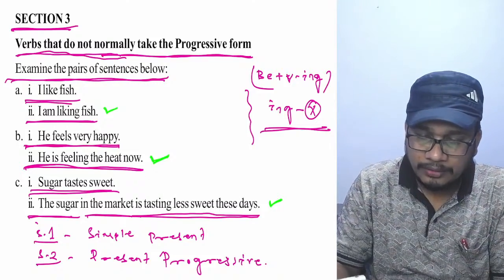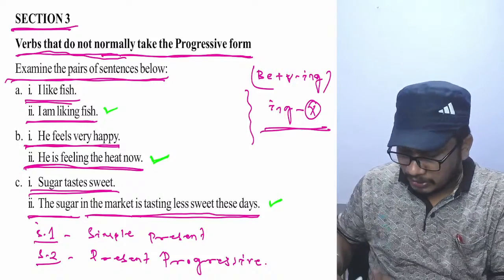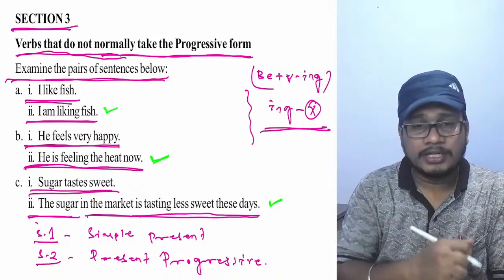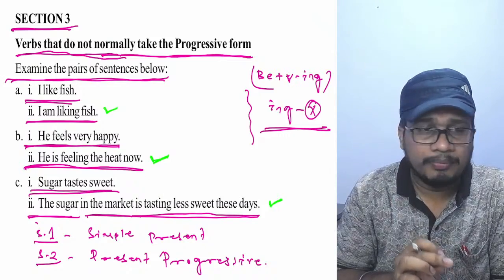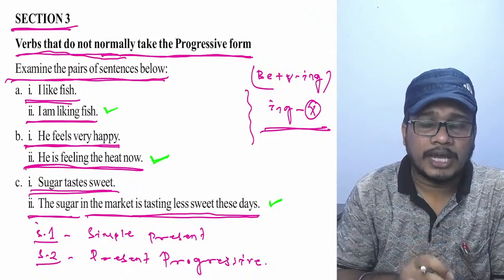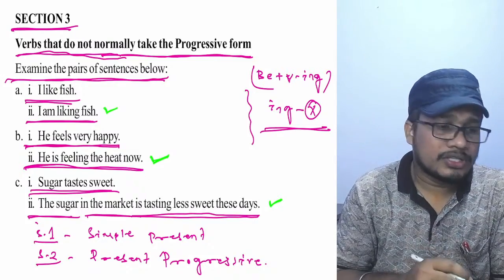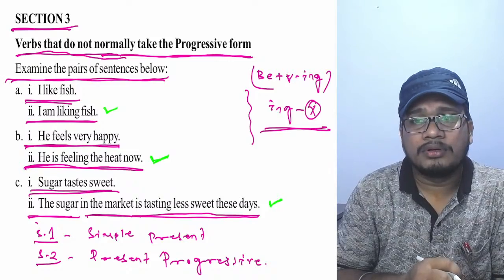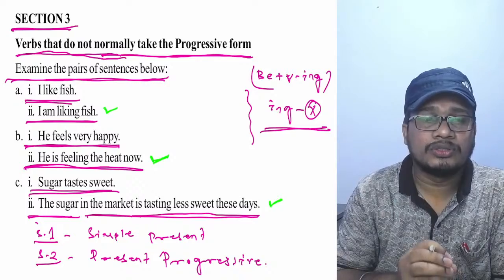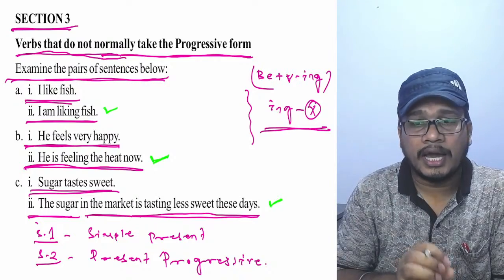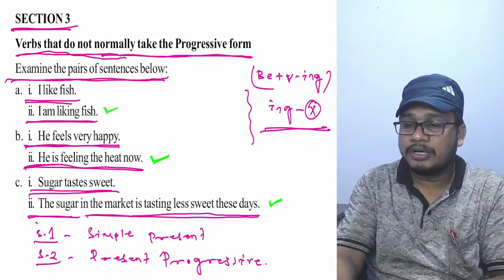So there are some verbs. In present progressive we have seen that the main verb carries ing: be verb plus ing. At the same time, we have already read that there are some verbs which do not usually take the ing form, or progressive form.